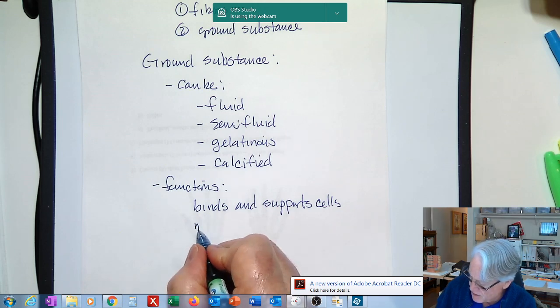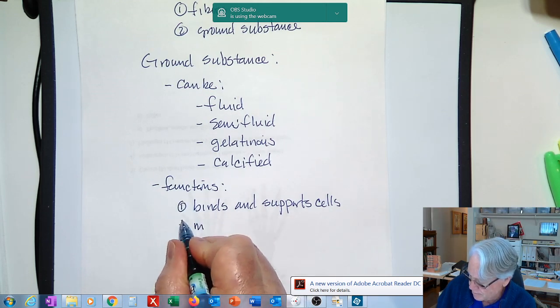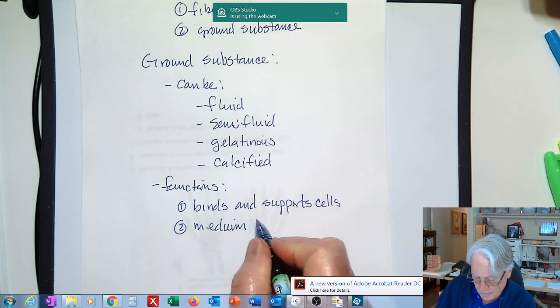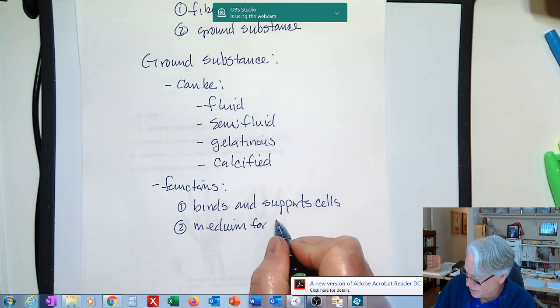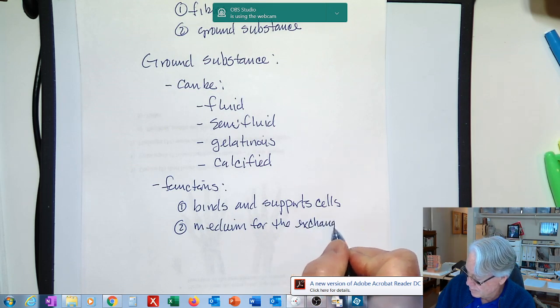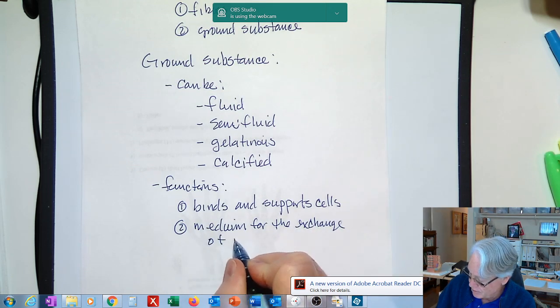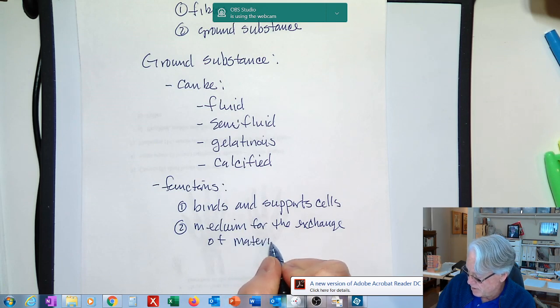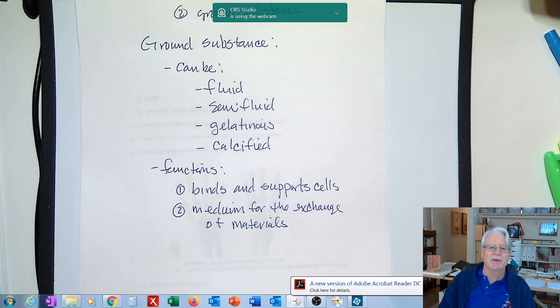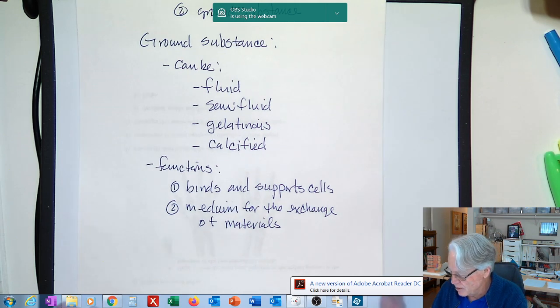It is a medium for the exchange of materials and substances. So cells that are found within the matrix often are getting what they need by way of passage through the ground substance, diffusion through the ground substance.